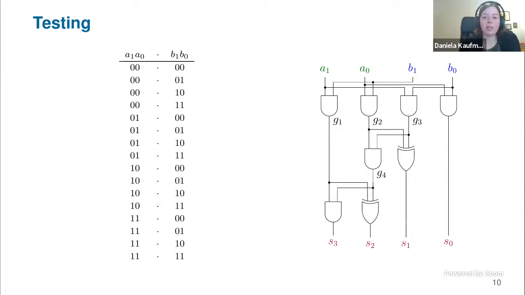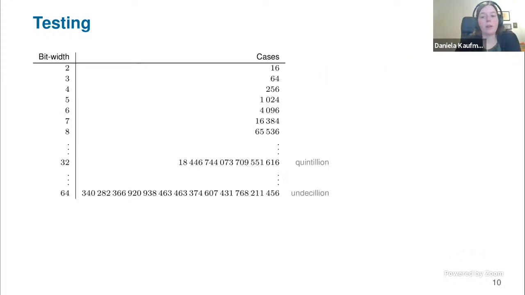And I guess you can imagine that this scales pretty badly if we increase the bit width. For example, if the input bit width is 64, we are talking about this really huge number. So there's no way that we can test all possible combinations in a reasonable amount of time.